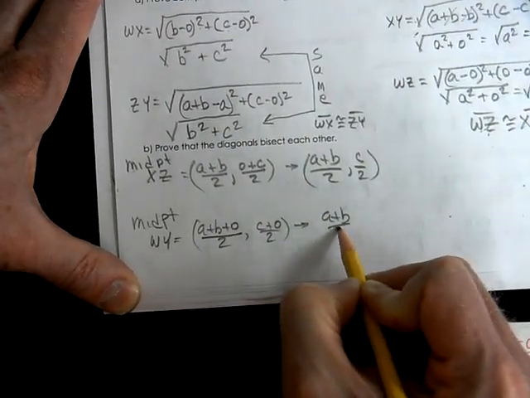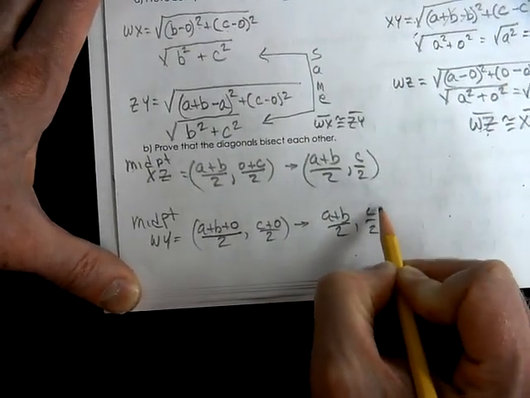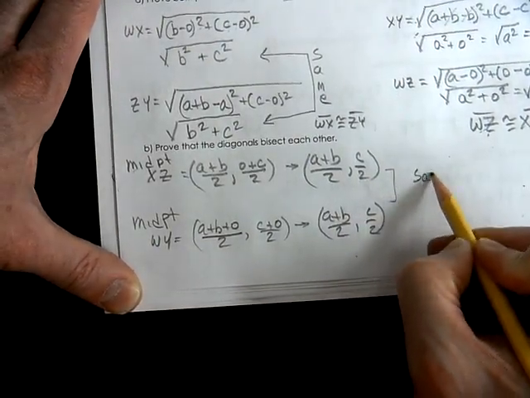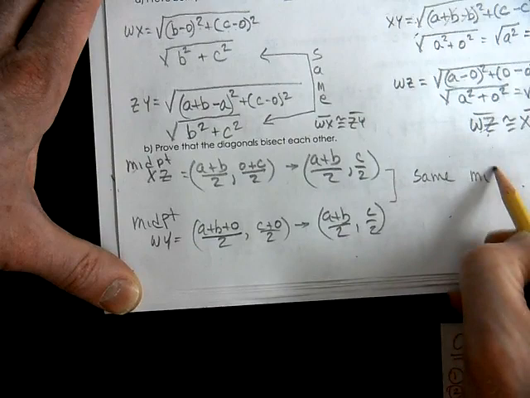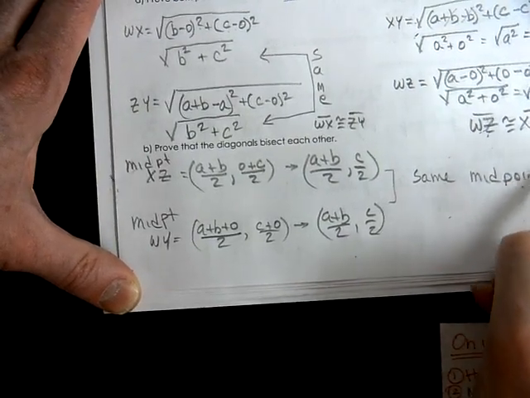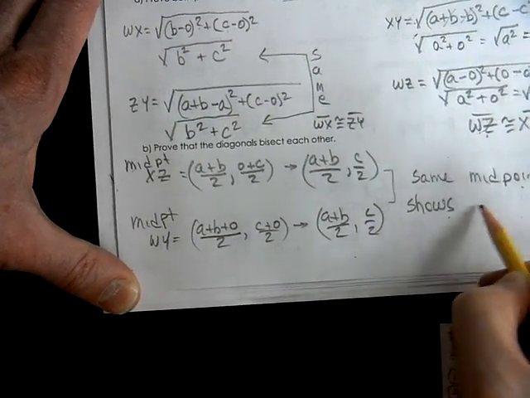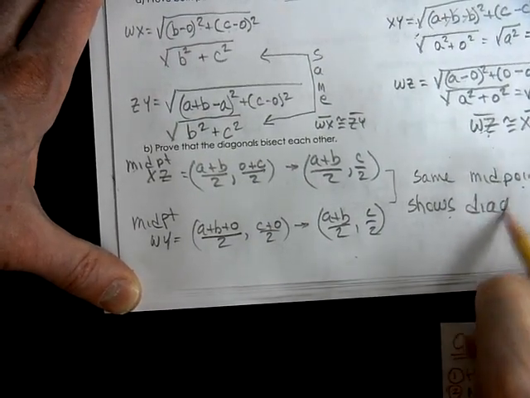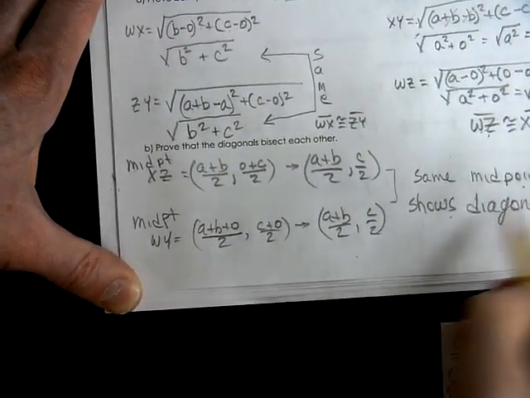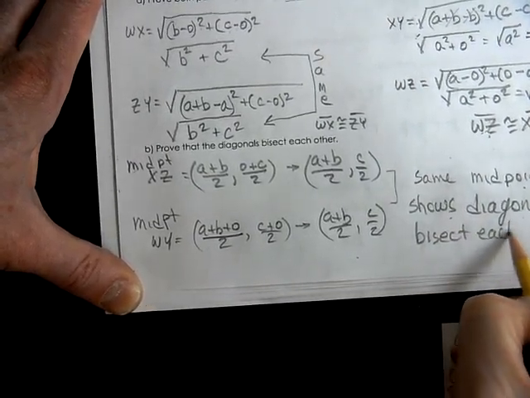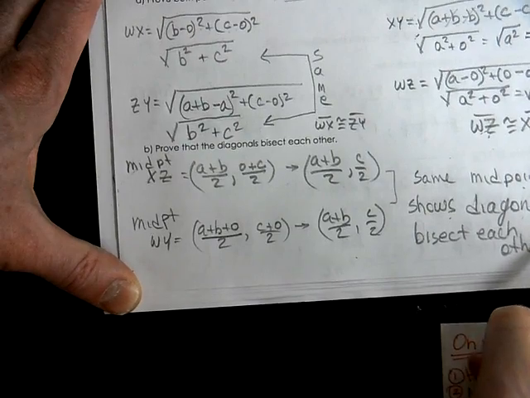That's (a plus b) over 2 and c over 2. What do you know? Same midpoint shows diagonals bisect each other.